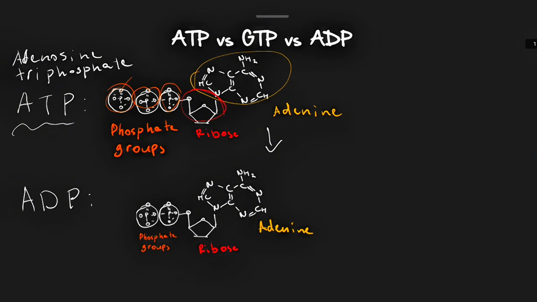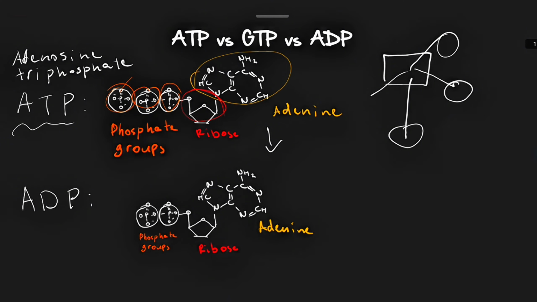So I want you to imagine a pole, and there is a box on the pole, and there are 3 tubes connected to the pole, and on each of the tubes there is a bowling ball.